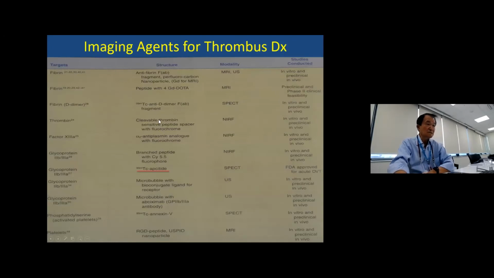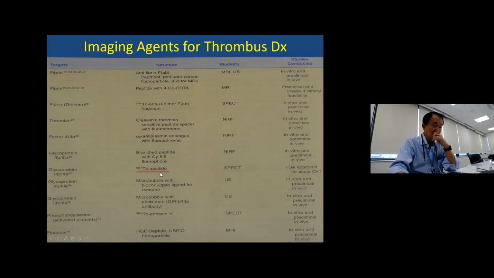And the imaging, again, there are so many peptide, fibrin, even D-dimer antibody agents. All this is what I was talking about. This technetium-labeled apcitide is FDA approved, but right after that, the Diatech, a small company, went bankrupt, so it's no longer available clinically.